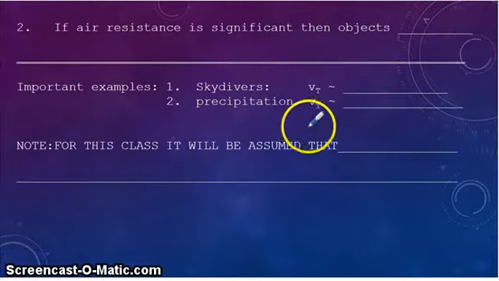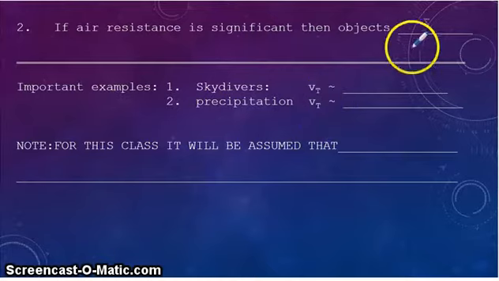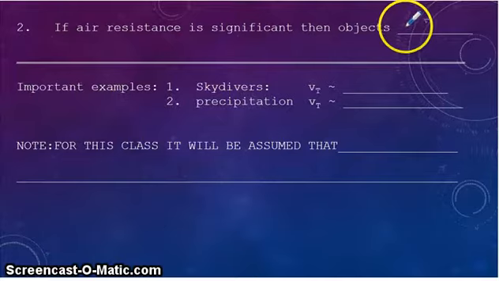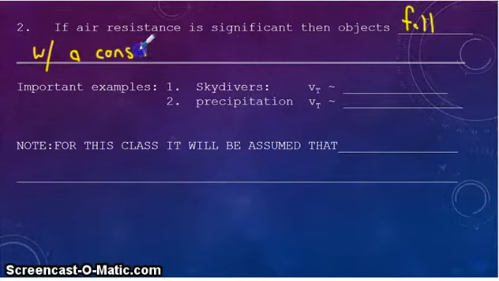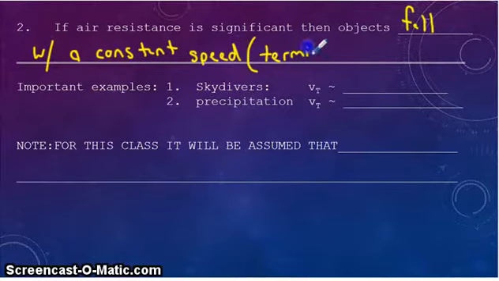So let's talk about if we do have a significant air resistance. If it is significant and it reaches a point where it's actually going to make a difference, we say that they actually fall with a constant speed. And there's a special term that we use for this, terminal velocity.